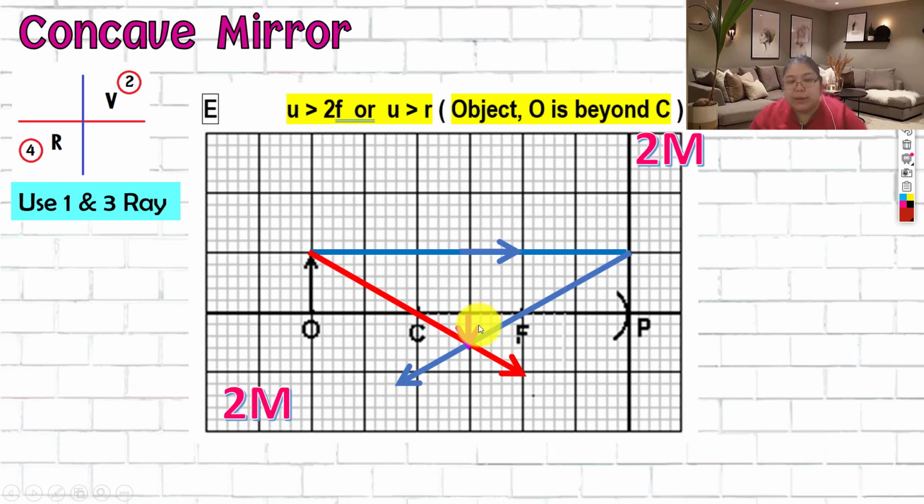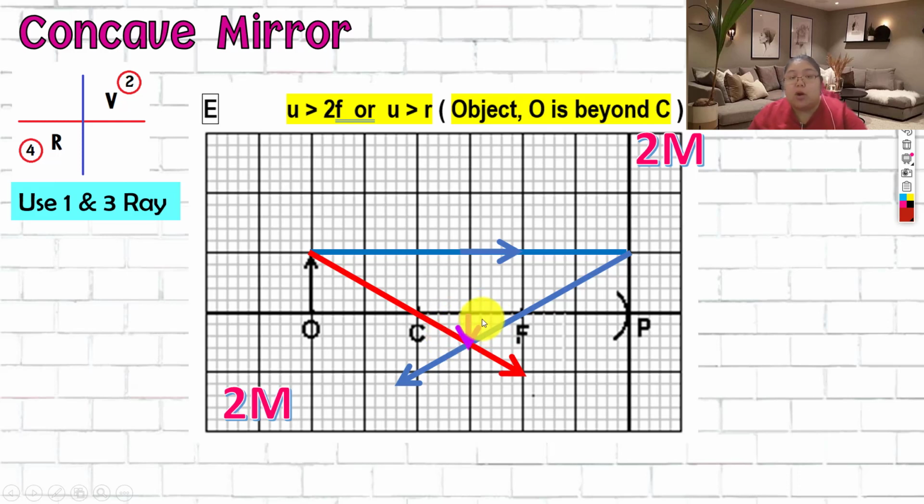Just now it was the same size. When the object moves just after the F, the first one should be magnified. When it is between, there's magnification. When it is at the C, there's the same size. When it is after the C, there's the smallest. So we can conclude when the object is after the F and moves further, when the object distance keeps increasing, the image will become smaller and smaller.